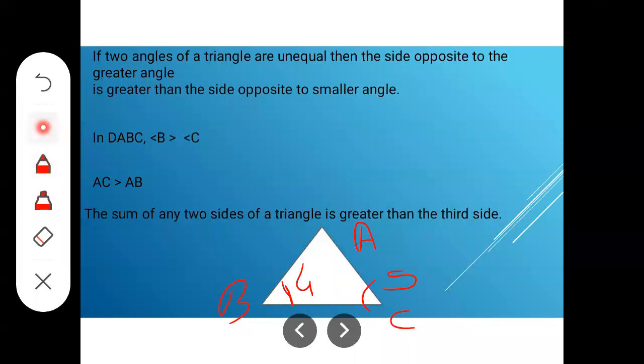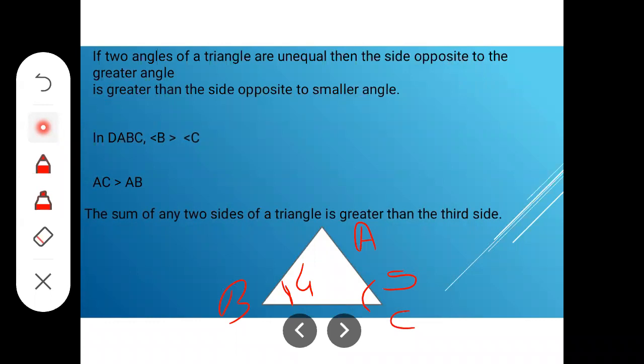Now see the statement. If two angles of a triangle are unequal, so one is a greater angle and one is a smaller angle, then the side opposite to the greater angle is greater than the side opposite to the smaller angle.